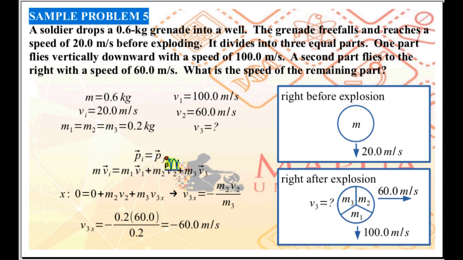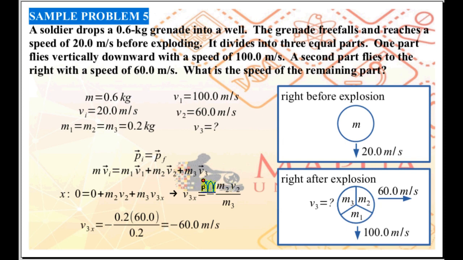For the final momentum, the object fragments into three parts, so we have three momenta. Final momentum of fragment 1 is m1 v1. Final momentum of fragment 2 is m2 v2.